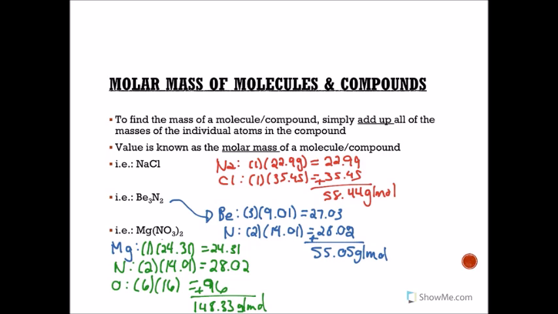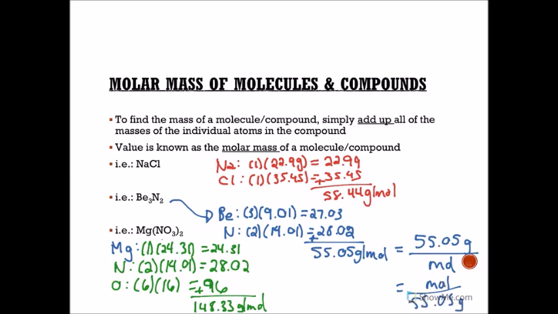Now, I wouldn't write it how I wrote it in our example here. I would write it as a conversion factor, just like in our previous set of notes with Avogadro, I would go 55.05 grams over a mole. Or you can write it either way, mole over 55.05 grams.